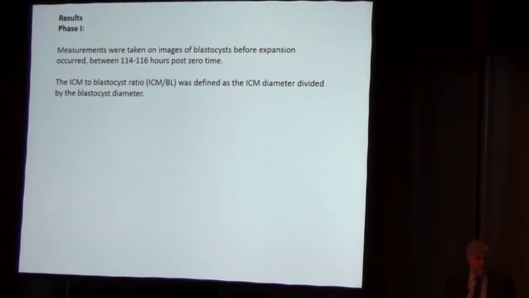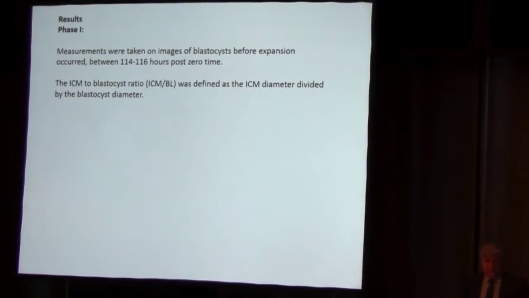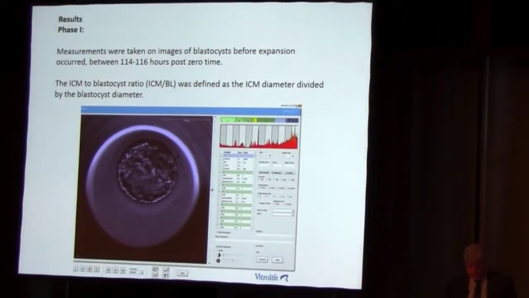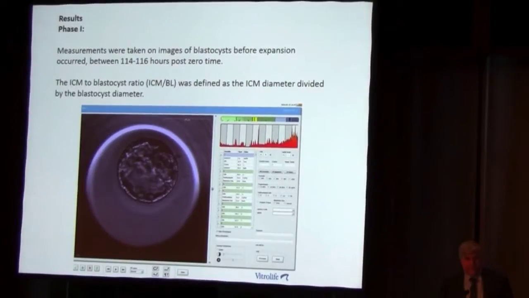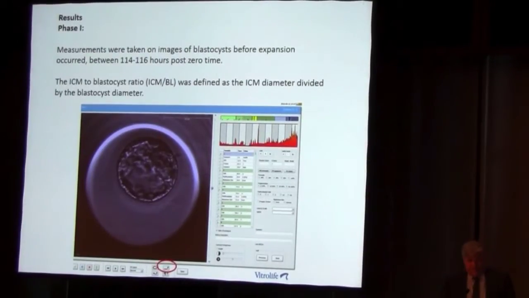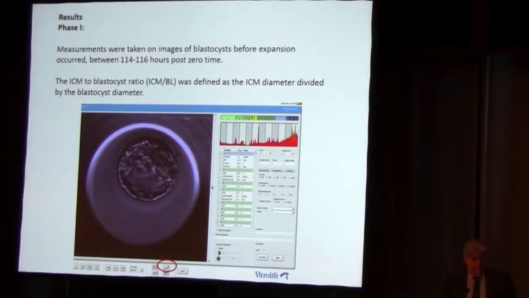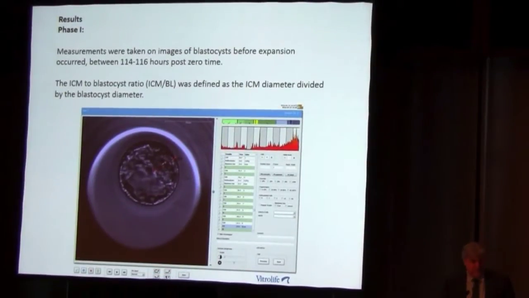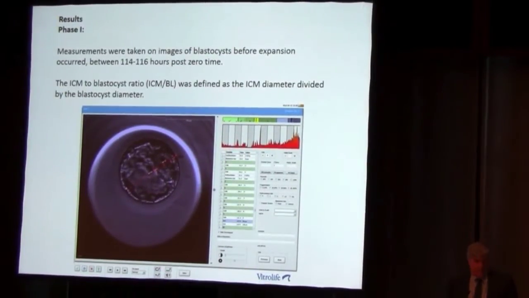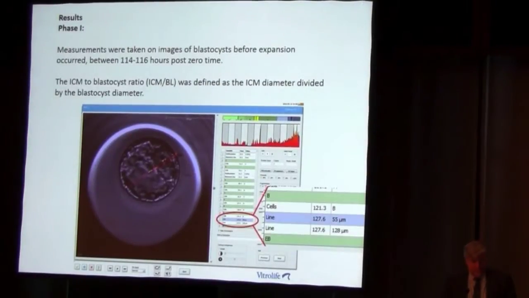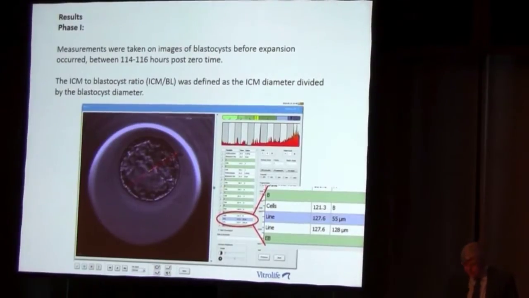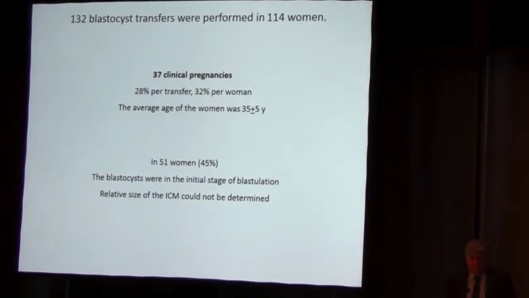We looked at the inner cell mass to blastocyst ratio, defined as the inner cell mass diameter divided by the blastocyst diameter. You can see here a photo taken from the embryoscope, with a caliper to measure the inner cell mass and the blastocyst, and you get the ratio, here 55 to 128. So this is the way we measured the inner cell mass to blastocyst ratio.